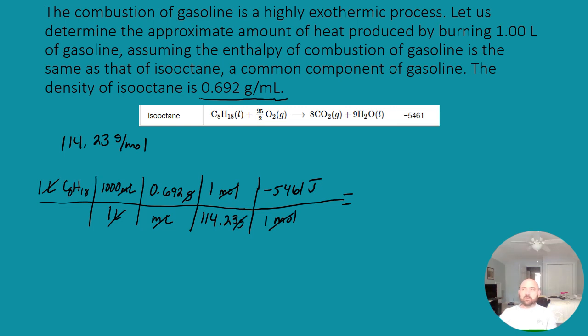I show that that is approximately 33,082.48 joules of energy. 33,082.48 joules of energy released by the combustion of 1 liter of isooctane. Gasoline combustion is a very energetic process, and that's why it's such a good fuel.